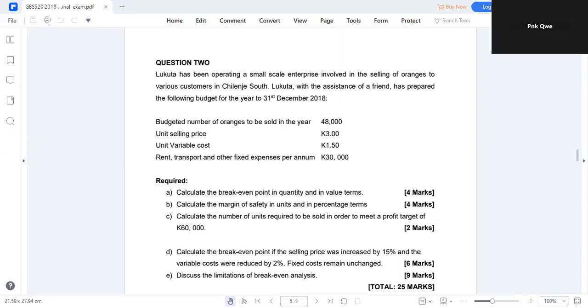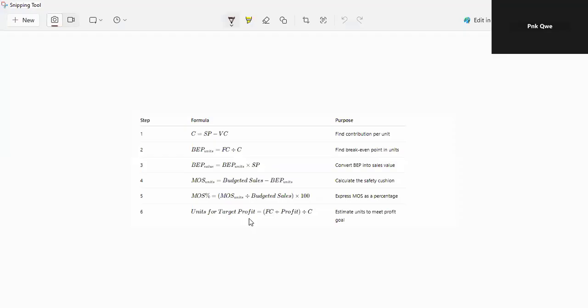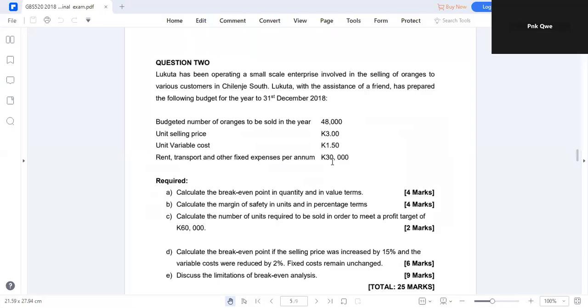So for the targeted profit, we have fixed cost plus profit divided by contribution. And in this case, what was our fixed cost, what was our profit and what was our contribution? The fixed cost is 30,000. We add the targeted profit of how much? 60,000. Okay, we divide by the contribution. Contribution was what?